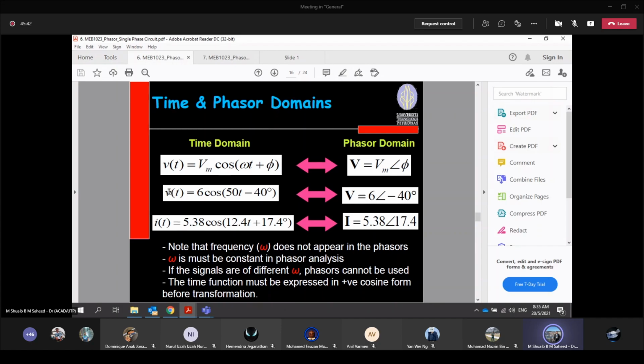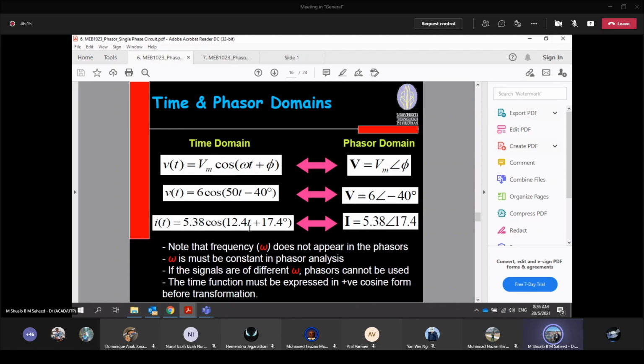Meaning, if you want to find what is VI, the multiplication of V multiplied by I, the omega should be the same. If the signals have a different omega, the phasors cannot be used. Another important part is the time function must be expressed in cosine form before the transformation from time domain to phasor domain.